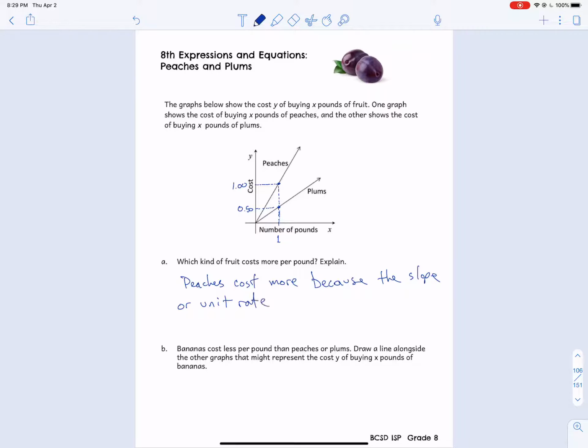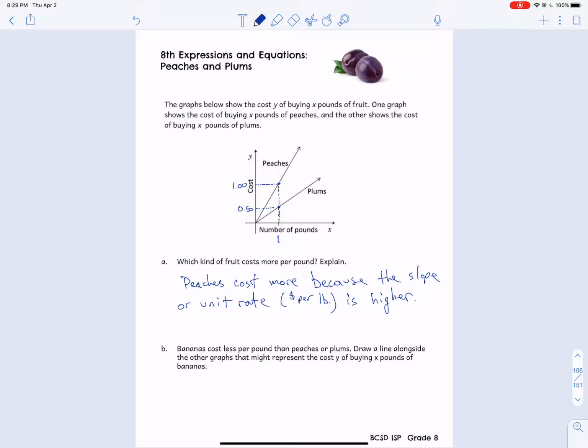And unit rate would be the price per pound. LB is pound. Price per pound is higher. Okay, peaches cost more because the slope or unit rate is higher or greater.